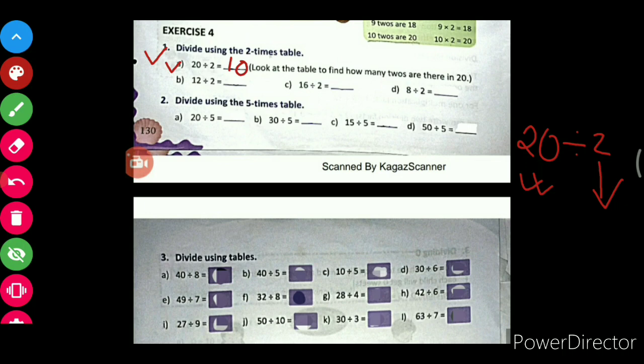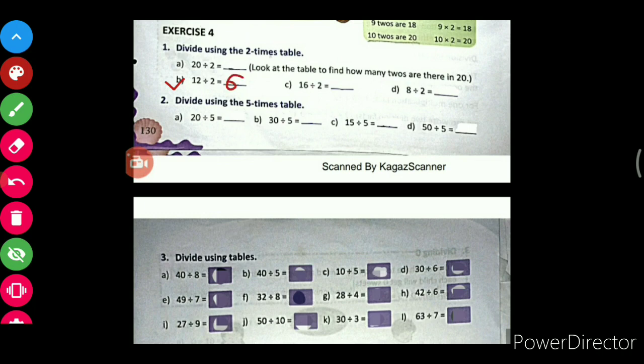One more. See the B part, see the 2 multiplication table. Recall it and find where you will get 12. With which number do you multiply 2 to get 12? Tell me. 2 6's, right?